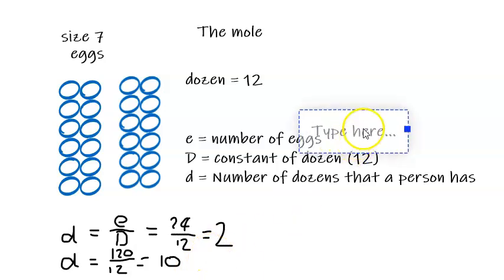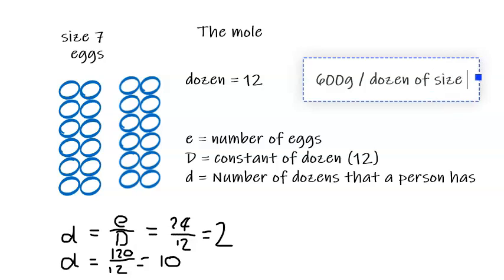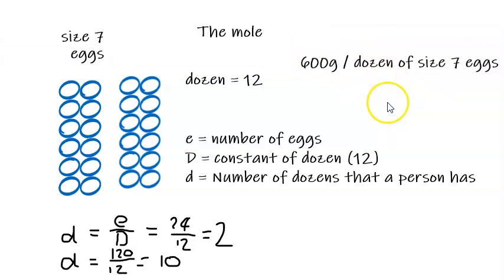Excuse me if this is getting too theoretical, but let's say a dozen eggs weigh 600 grams, so 600 grams per dozen of size 7 eggs. If we know the mass per dozen of a certain size of egg, and we know the mass of eggs that a person has, then we could still work out the number of dozen eggs that they have.